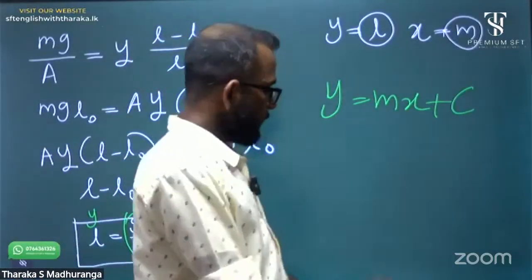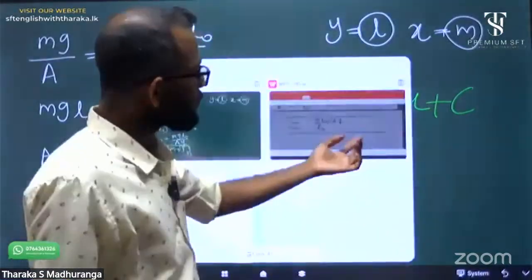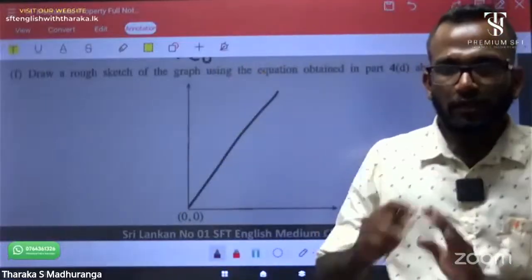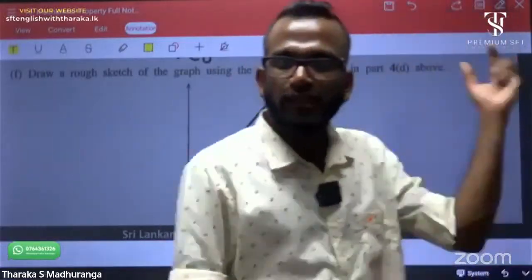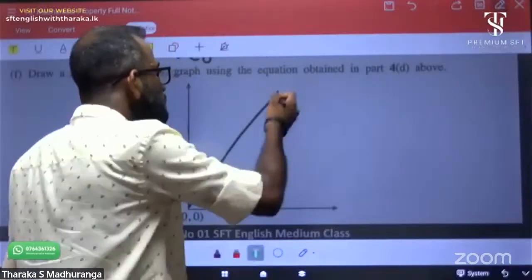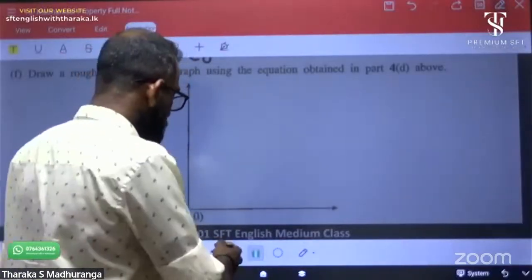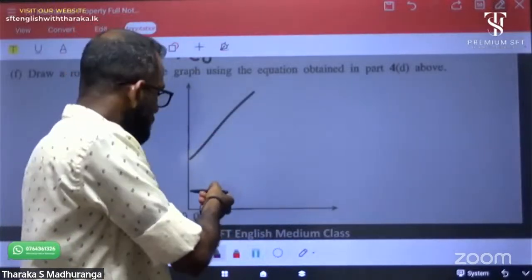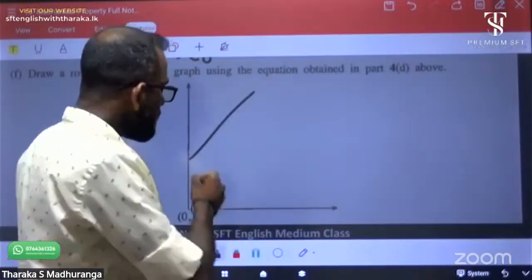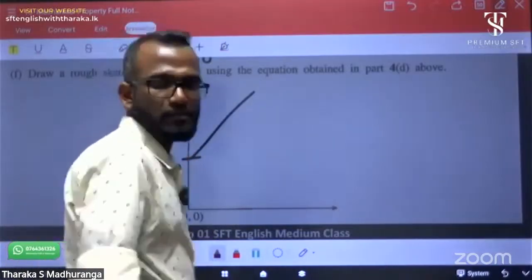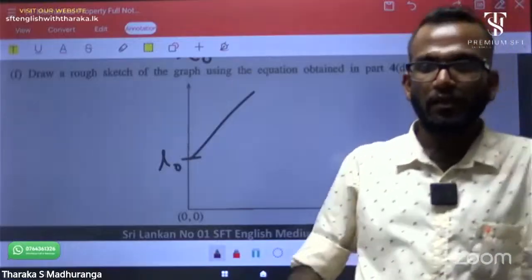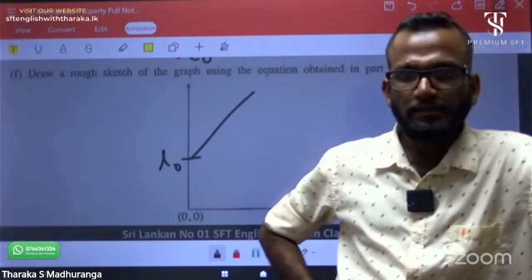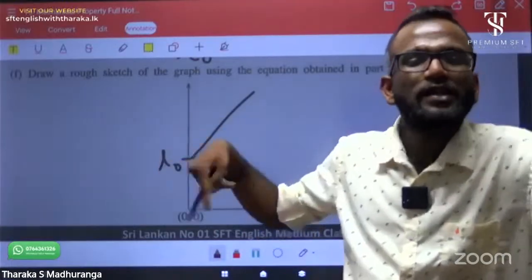Since there is an intercept, in this question we mark that you can't draw this type of straight line through the origin; it is completely wrong because the graph has an intercept. Therefore your graph should be like this. The line should be drawn from a point above the origin. Where it cuts the y-axis, you can say L naught. That's all. Understood? Because the y-axis cutting point is the intercept, right?